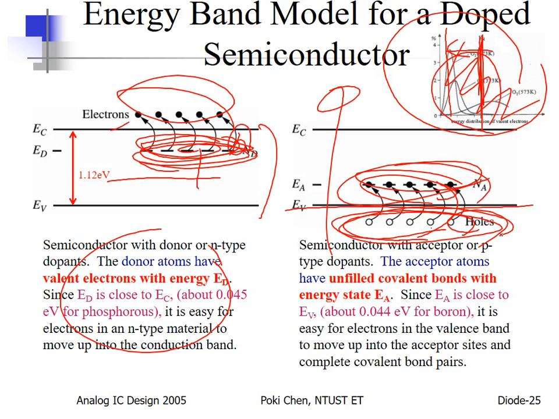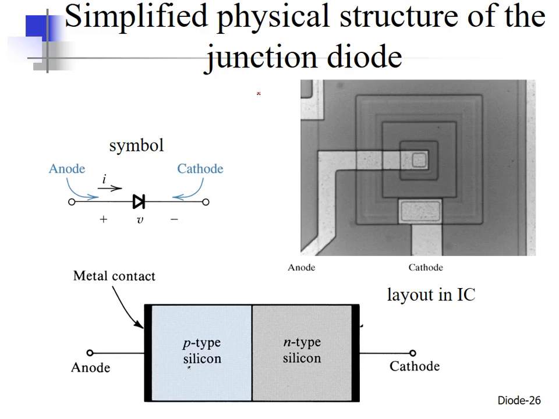That's a better explanation. And now, congratulations, we have a p-type semiconductor and an n-type semiconductor. Are they useful? Again, no.